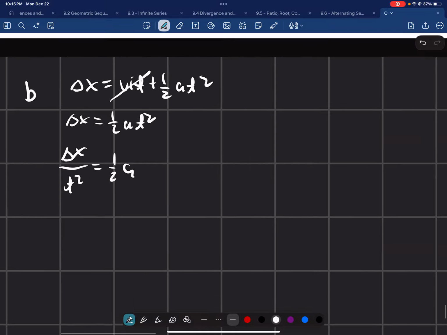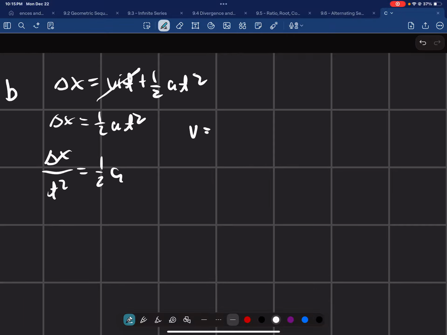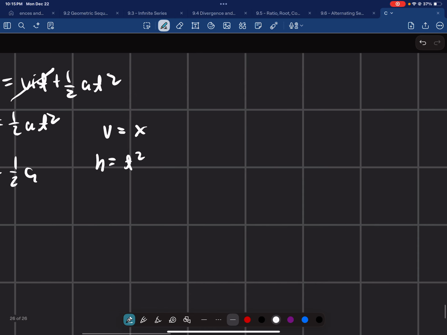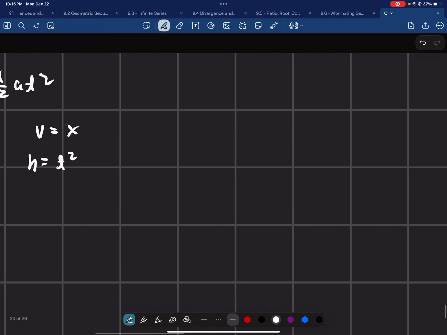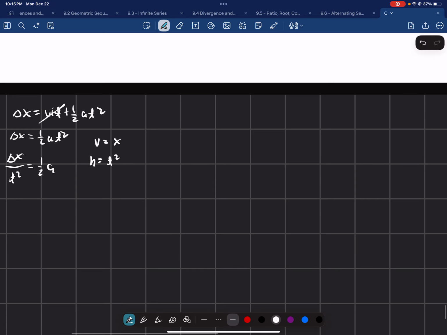The vertical axis would just be x. The horizontal axis would be t squared. And it asks us to fill the remaining empty row, and we would have to fill it with t squared.